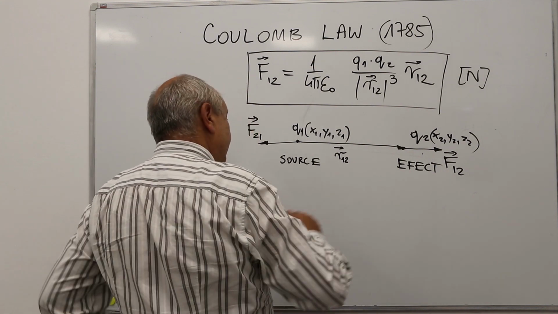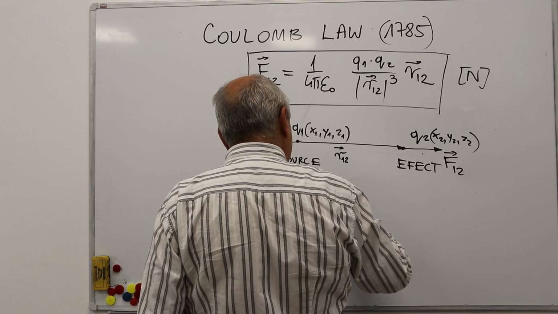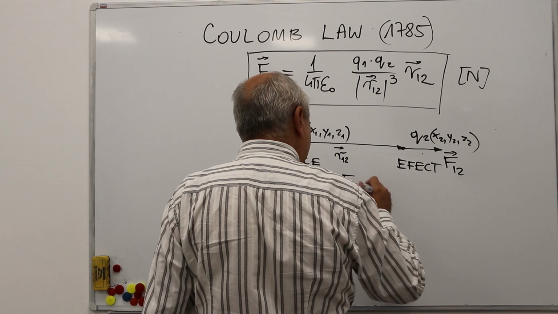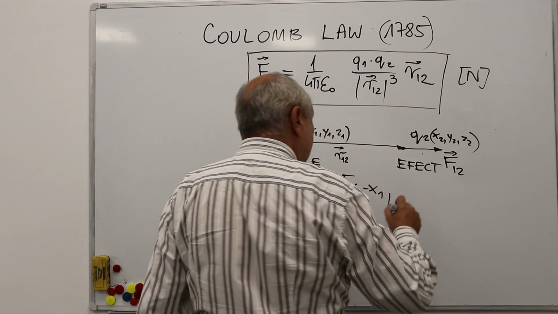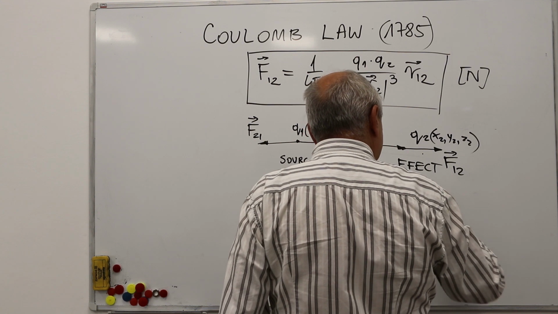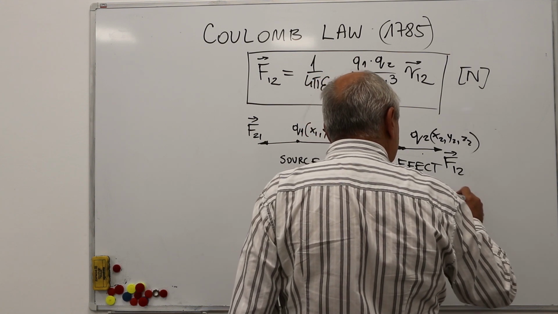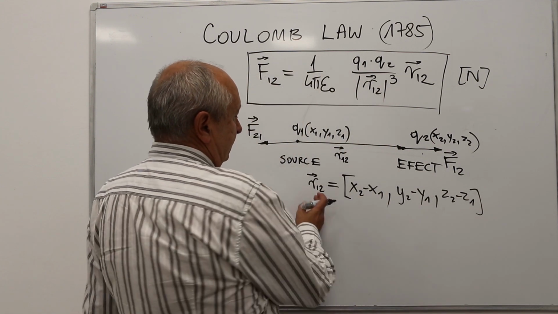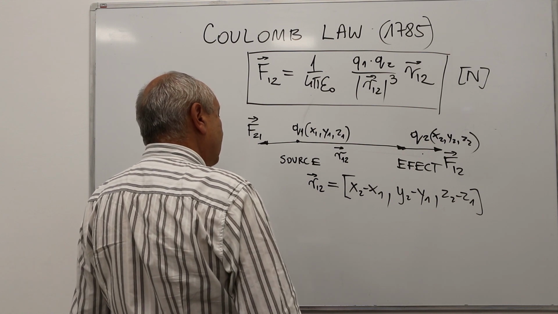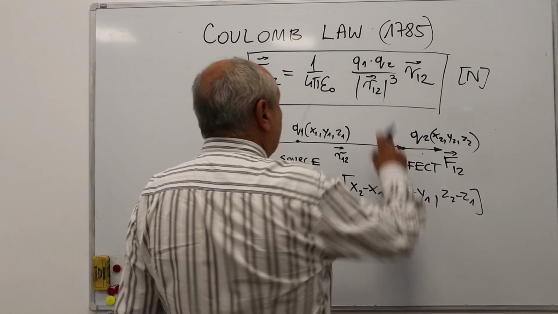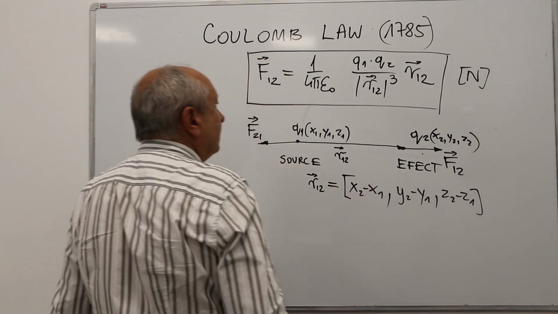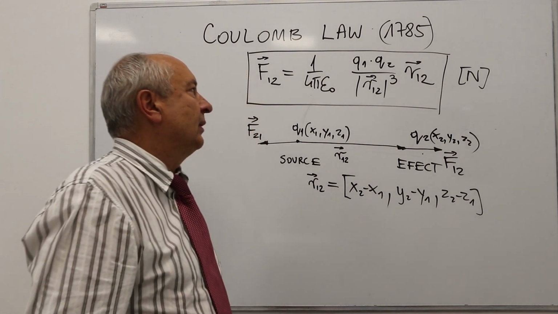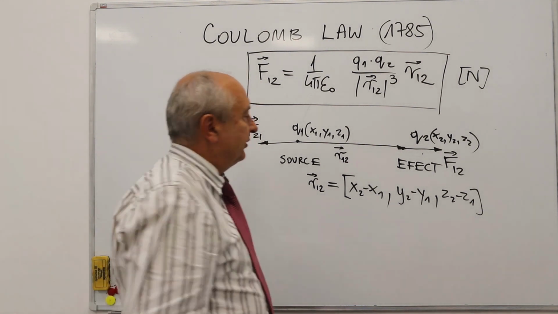And vector R, how to find vector R1,2? This is x2 minus x1, y2 minus y1, and z2 minus z1. This is the value of vector R1,2. Here we have the module of vector R1,2 to the power of 3.